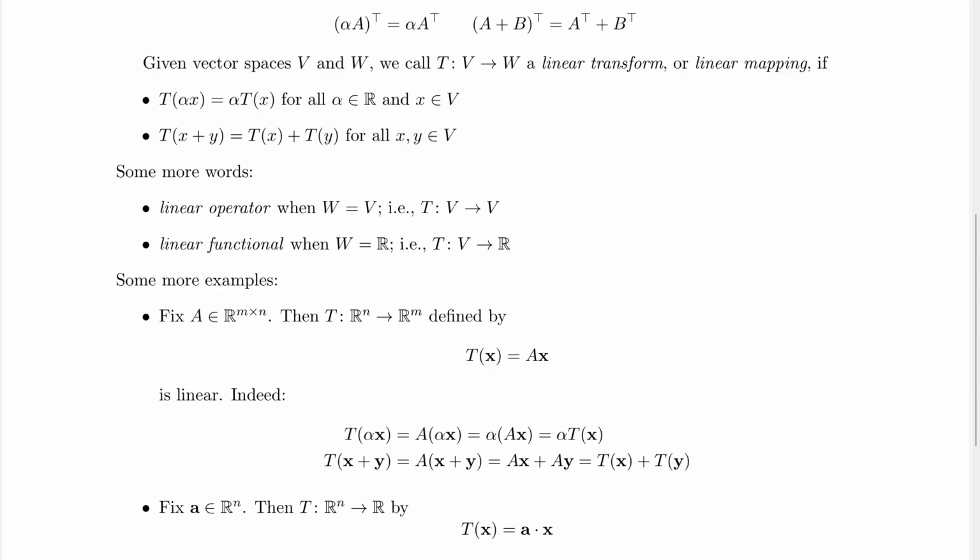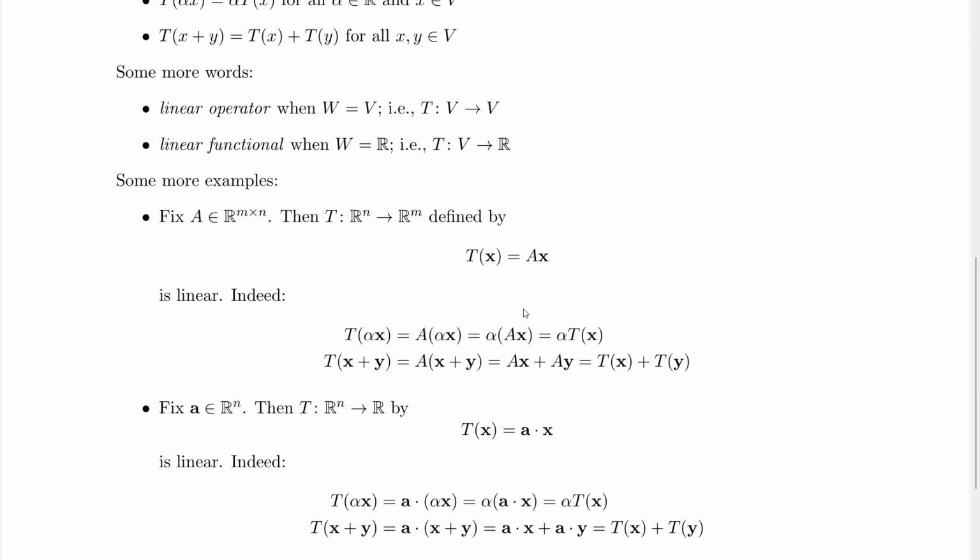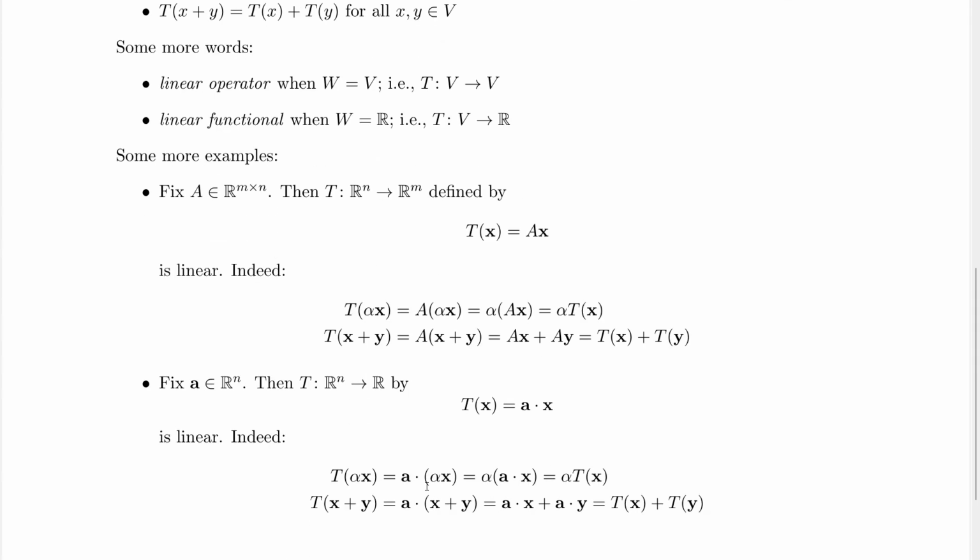Okay, but to explicitly write it out, we know that if you take a dot product and one of the elements involved is scaled, then the dot product respects the scalar. So indeed, I can pull the scalar out, and we get that scalars are pulled out of my mapping. And likewise, dot products we know distribute over addition. So we're good. Pretty cool.